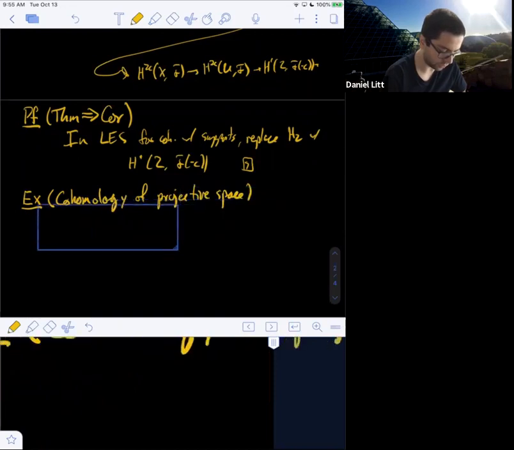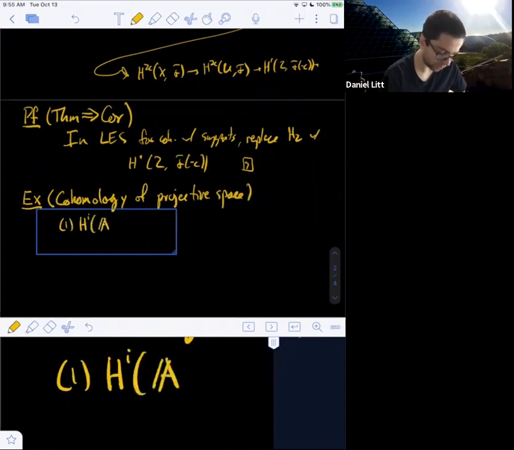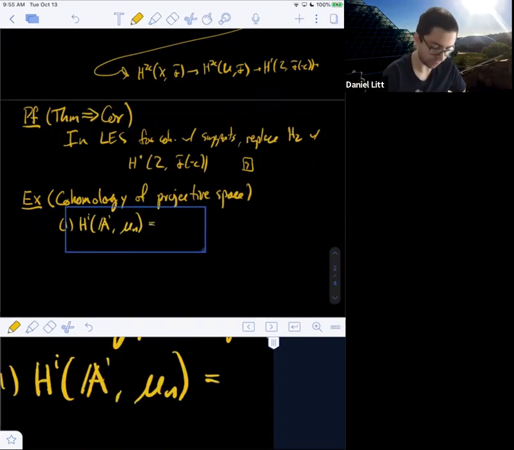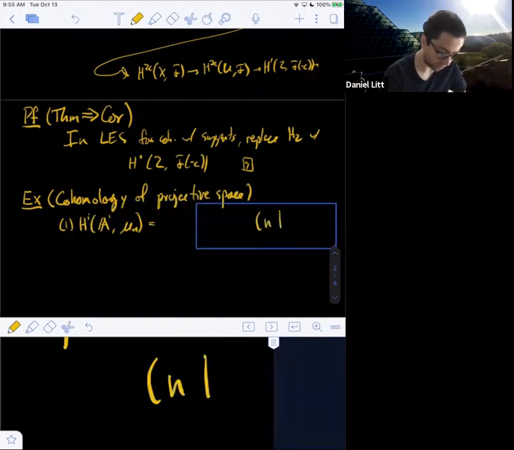All right, so first of all, step one is what's the cohomology of A^1? So let's compute the cohomology of A^1 with mu_n coefficients. So can anyone tell me what it is? And here I'm going to assume, as I will throughout this lecture, that the characteristic of the ground field does not divide n.